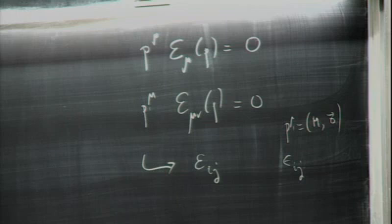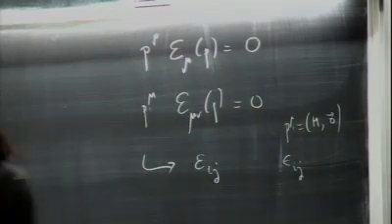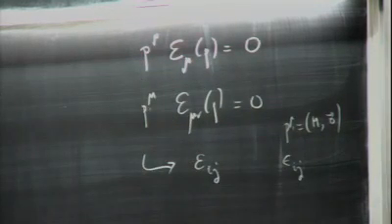But if I want to talk about a spin 2 particle, what is a spin 2 particle? If I want to use tensors to describe a spin 2 particle, it's a symmetric tensor, but it's also traceless. If I just say I have a symmetric tensor, there's both a spin 0 and a spin 2 component in it.